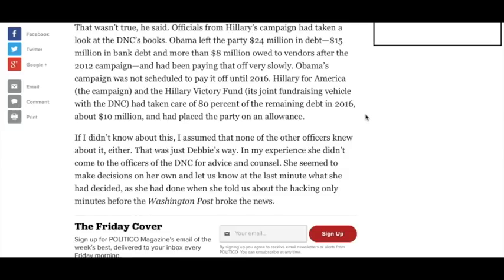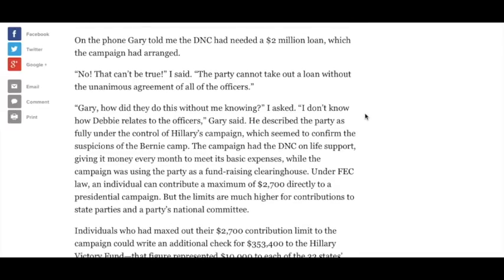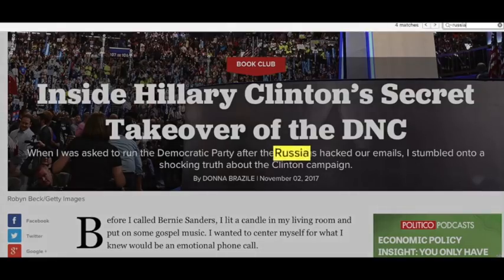But the point is that given Donna Brazile's rejection of Hillary, this signifies that Hillary is most likely being thrown to the wolves. And cleverly, though, within this article, you'll see that Donna Brazile does not give up the Russian collusion narrative.